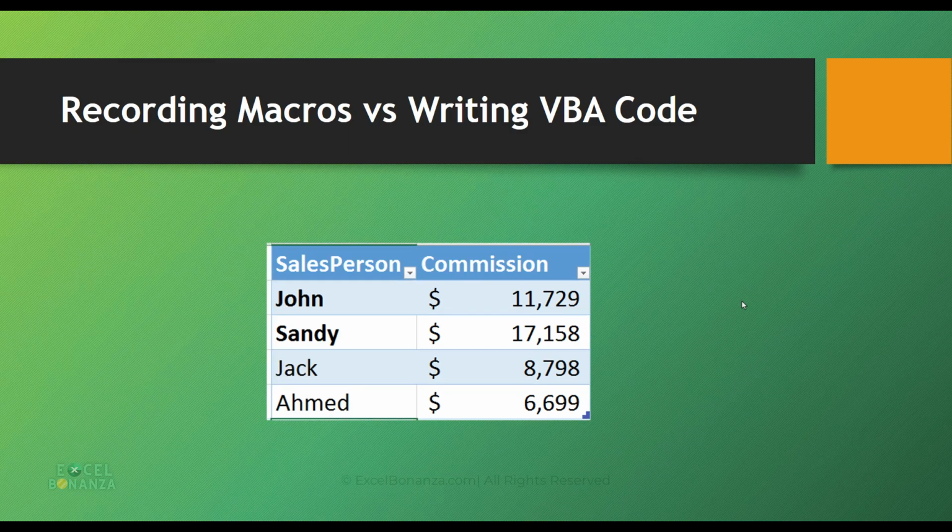However, to have a macro bold the name of a salesperson only if their commission is greater than $10,000, this cannot be done by recording. It's absolutely impossible to record a macro that can make a decision to bold the name based on the commission if it's more than $10,000.